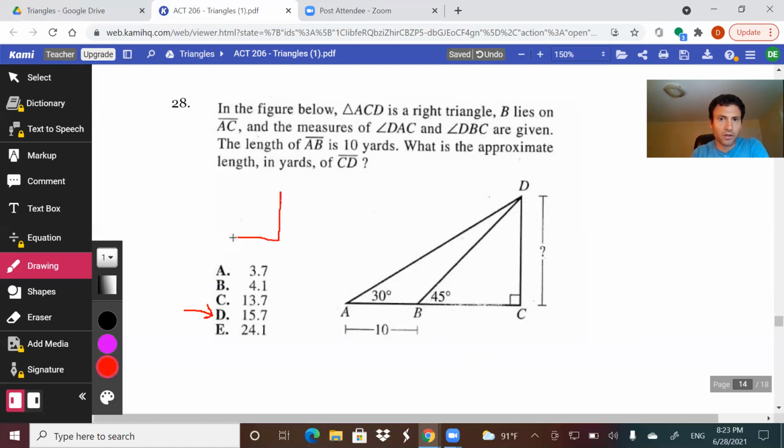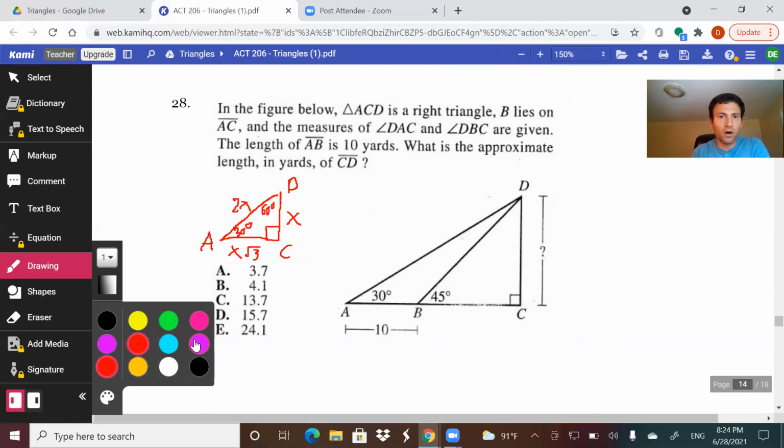I don't expect you to necessarily have these proportions memorized yet, so I'll quickly draw it. If this is A and this is D and this is C, and this is 30 degrees, we have x root 3 across from the 60, and 2x.